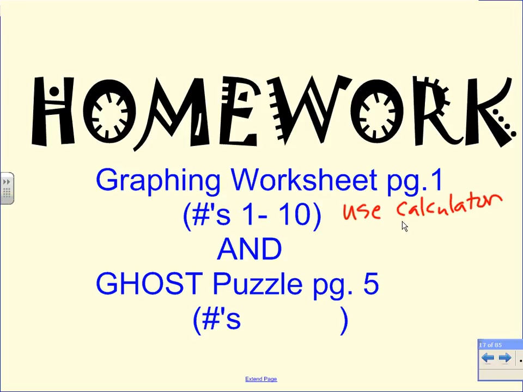And then page 5, so flip to page 5. It's the ghost puzzle. Okay, I'd like you to do numbers 1 through 5, I think is all I want you to do.